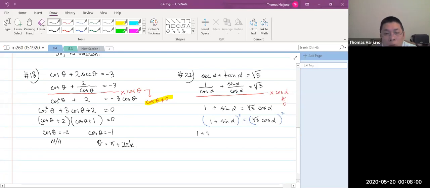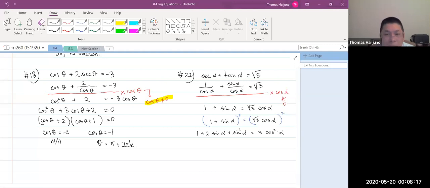1 plus 2 sine alpha plus sine squared alpha equals 3 cosine squared alpha. Now I have sine alpha, sine squared alpha, and cosine squared alpha. Who should I change?